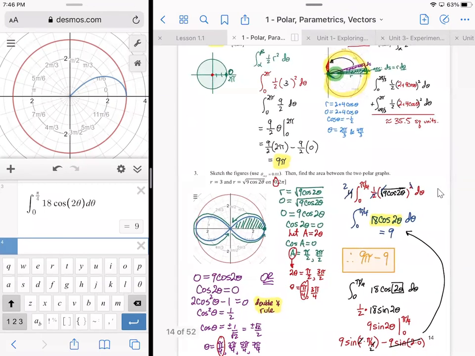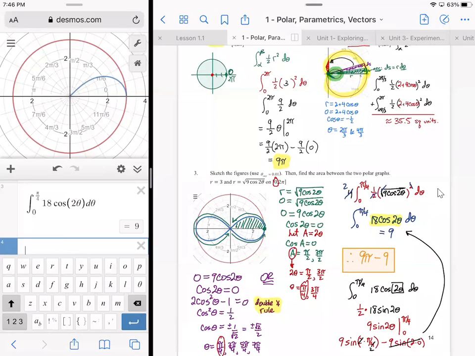How much of this work would we have to show on a test? As much as the directions ask you to show. Sometimes the directions will say, give me the answer, and sometimes it'll say, show me every tiny little detail. What if we use Desmos?